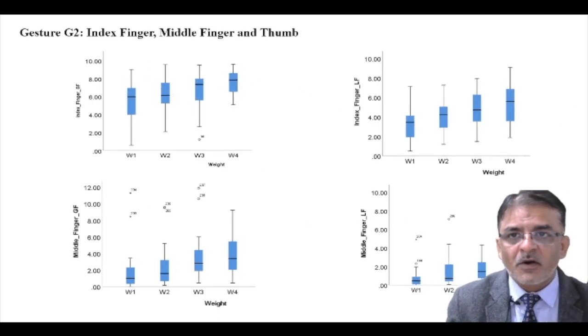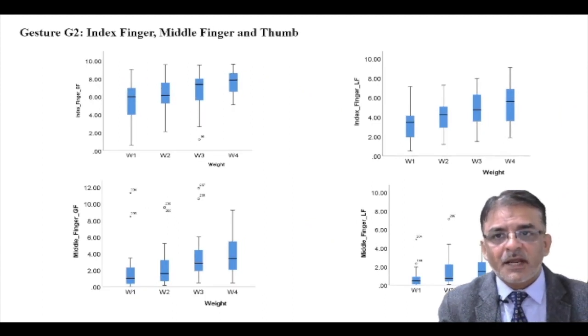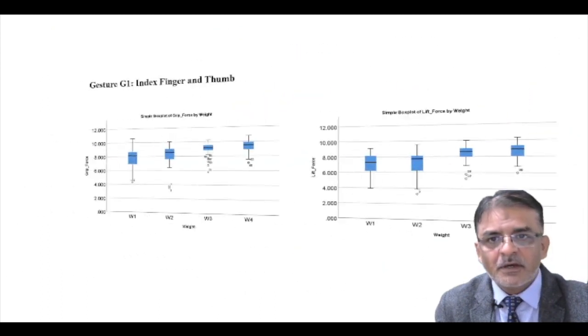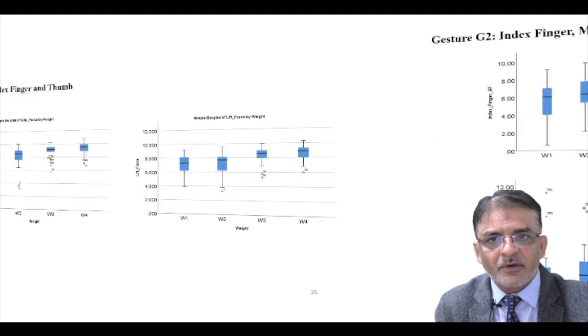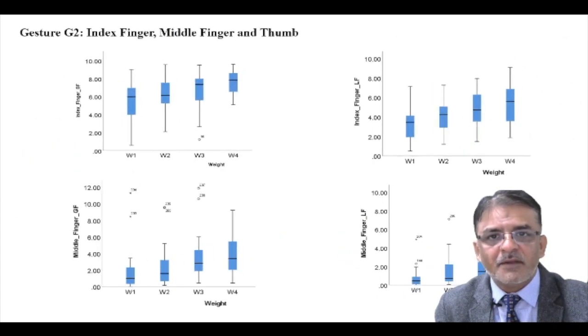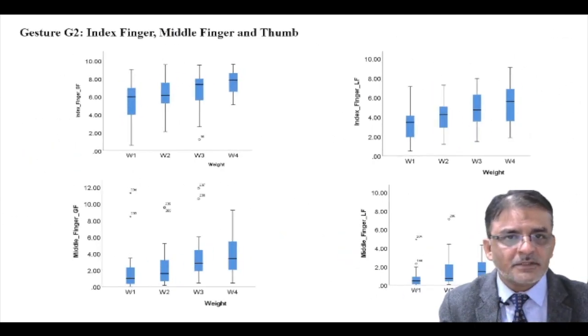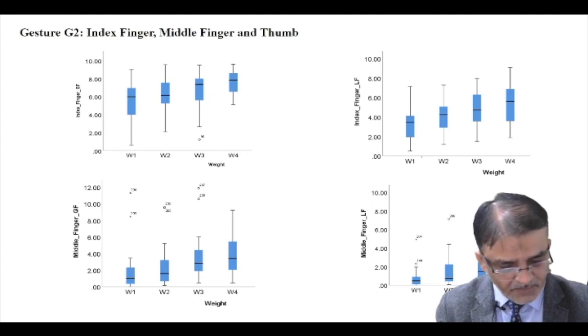This is the pattern of index, middle and thumb fingers, grip force and lift force. That was for index finger and thumb. But for index finger, middle finger and thumb, a somewhat different pattern was found.